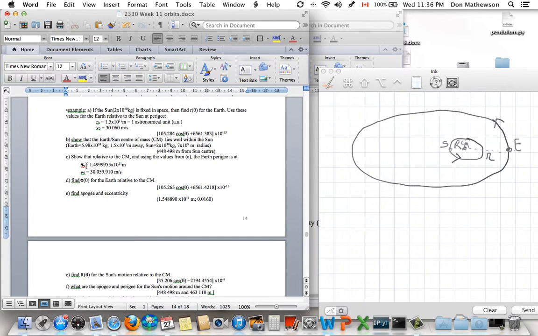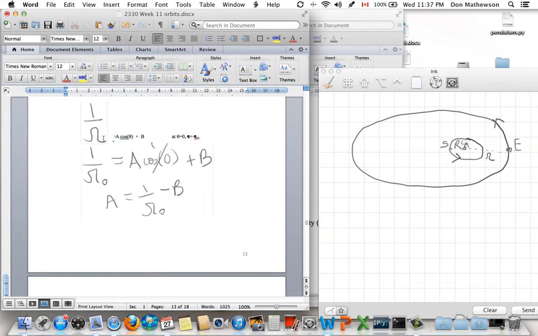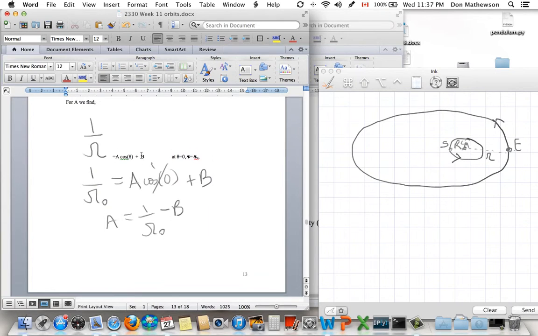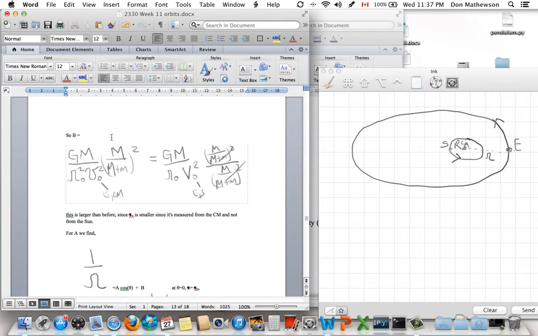Then shift into center of mass coordinates and show that this is how far the Earth is from the center of mass, and this is how fast it's going relative to the center of mass, given this speed relative to the Sun. So you can see that pretty much we're still at those same two values. Then find the Earth's ellipse around the center of mass, and that just involves using these initial values and substituting into the equation that we have here using the B constant right here.